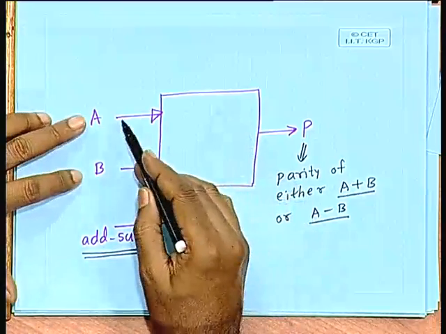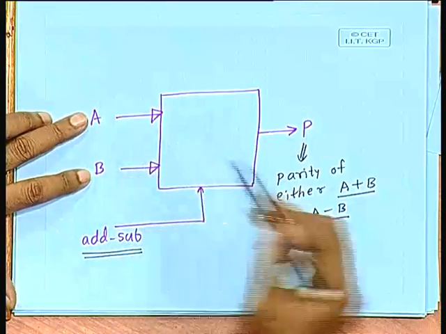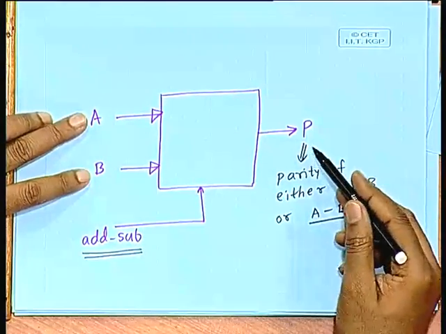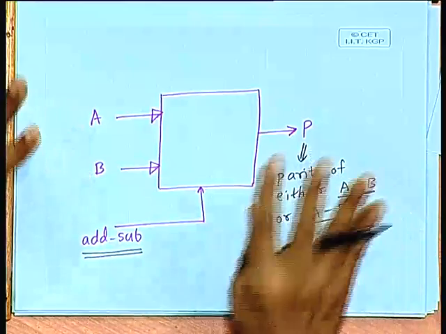So, internally either these 2 numbers are added or subtracted and then the parity of the result is computed. Just a hypothetical example I told you, in practice you may not need such a thing to compute the parity of the result.